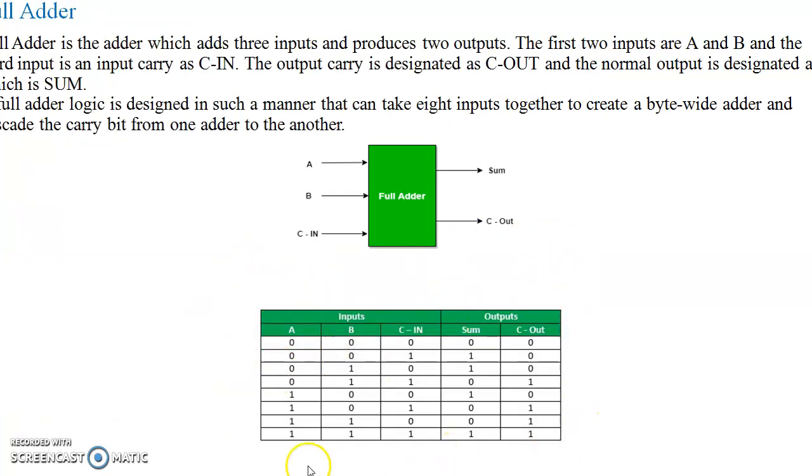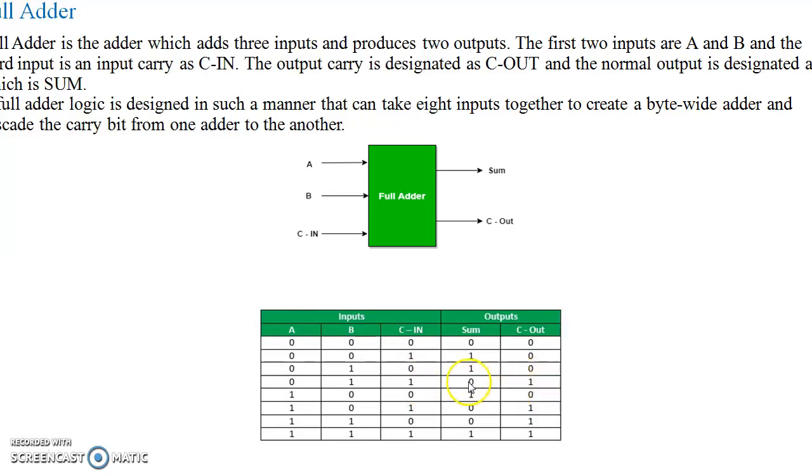From this truth table we are getting the logical expression for C out. At the places where the value of C out is 1, we find the possible combination for each place. So here the C out value is 1.